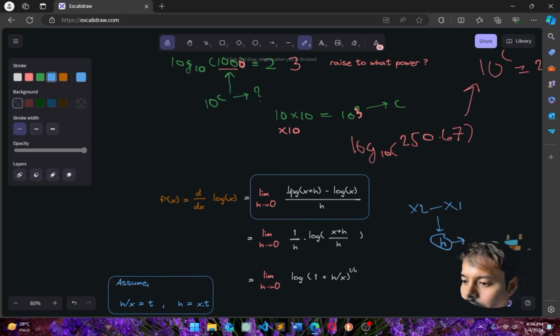And here we have f(x2) minus f(x1). This is the first principle of derivative. So if it is h, what is x2? x2 is x1 plus h.